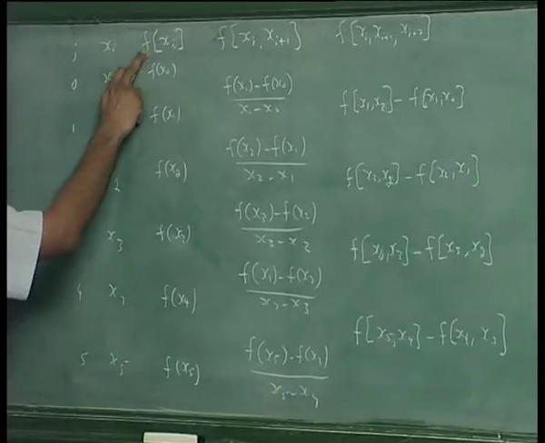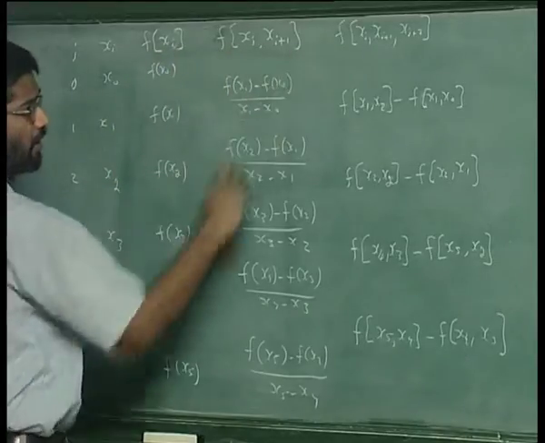Okay, so now these terms in the square brackets are the coefficients of the polynomial.